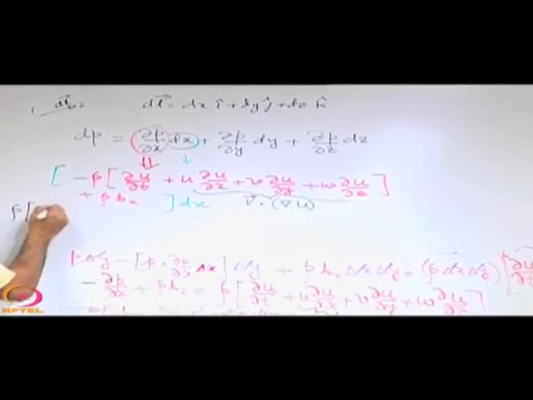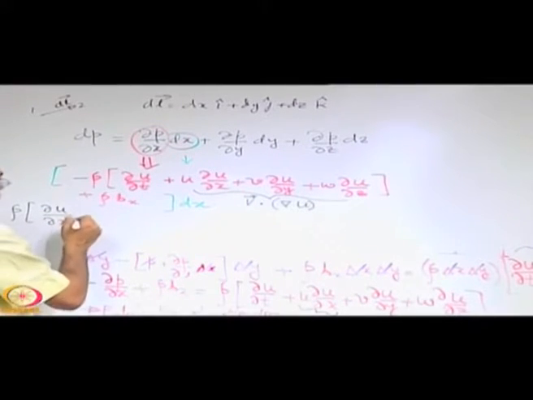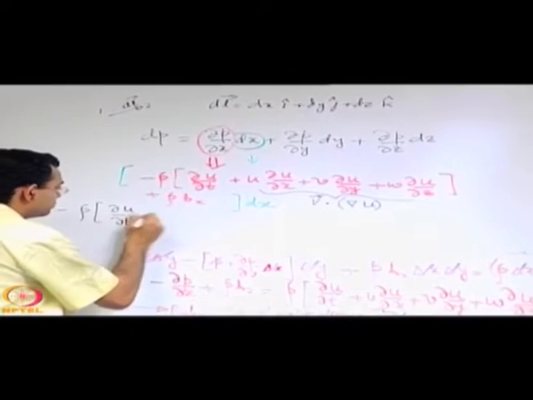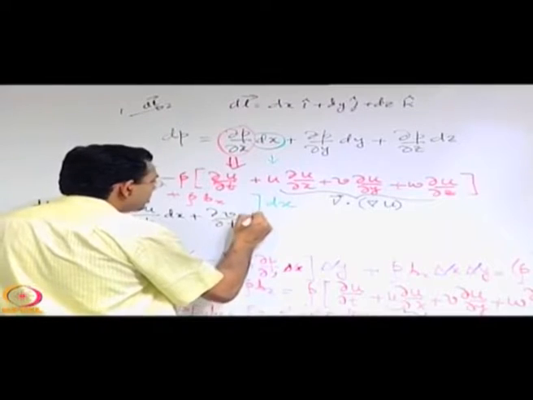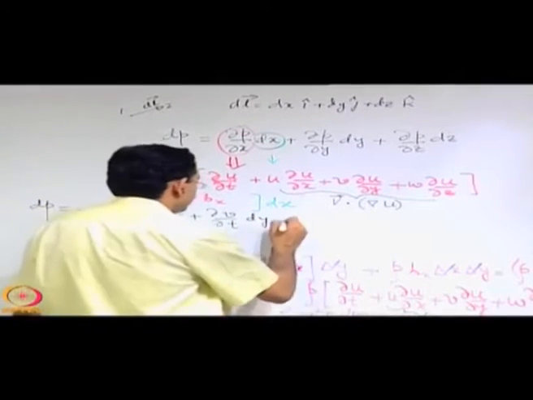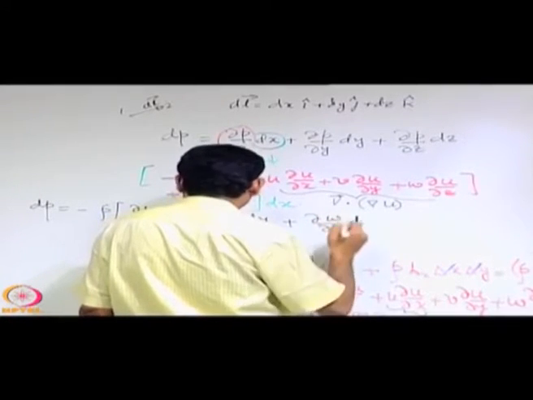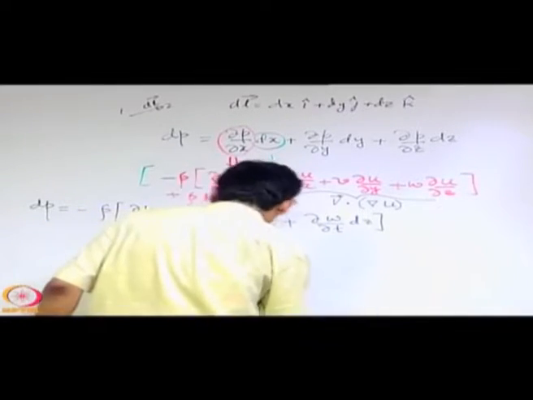Now we will collect all the terms; we will keep all the terms of similar type together. This is one term. Then next we will write the acceleration term, that is the convective component of the acceleration.